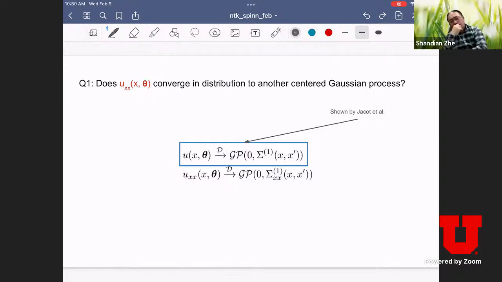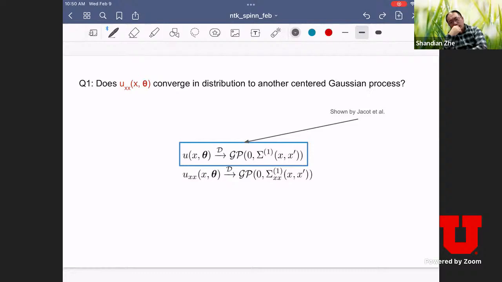Okay, because it's well known that if some function is sampled from a Gaussian process, then the second order derivative will be another realization of a Gaussian process where the covariance is the second order derivative of the original covariance function. And what's the new thing here?